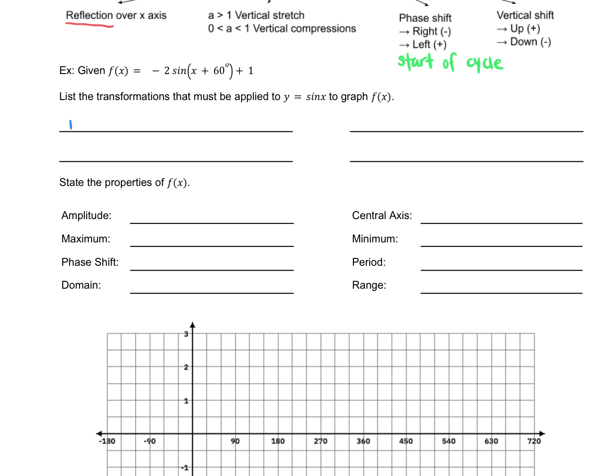So the negative tells us we have a reflection over the x-axis. The 2, think about if I multiply something by 2, does it get bigger or smaller? It gets bigger, so it must be a stretch. A vertical stretch by a factor of 2.